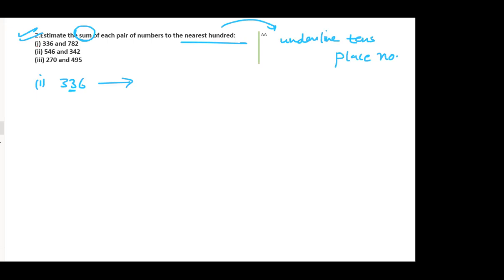So make 6 0 and make 3 also 0, and 3 is less than 5. So we will not add anything in this 3. So 300 we will get. And 782, round off this also to the nearest 100. So we'll get 800. Now add both of them. 1100. This is your answer.